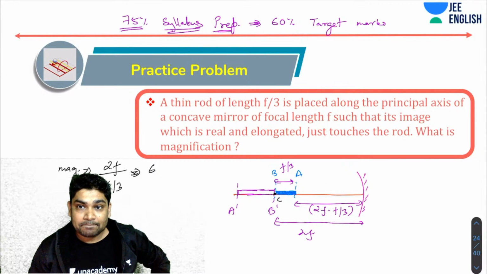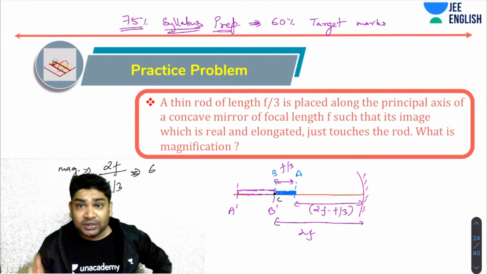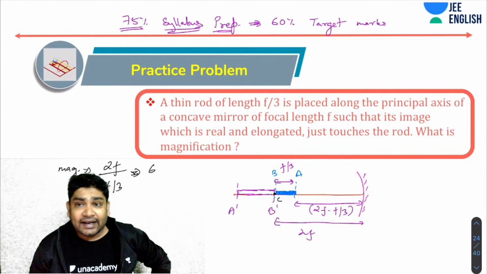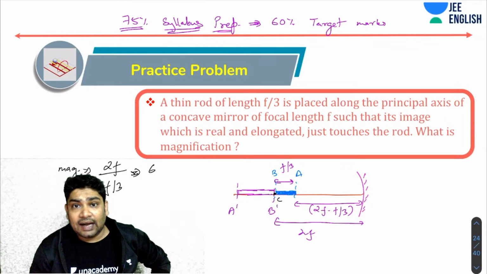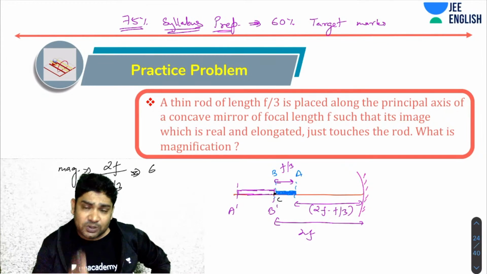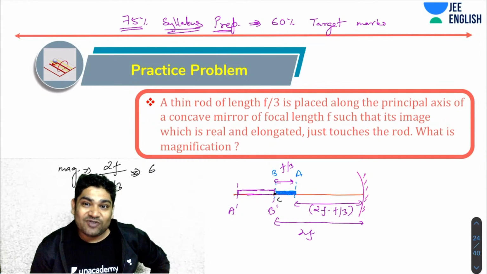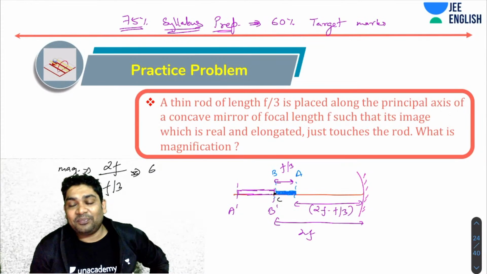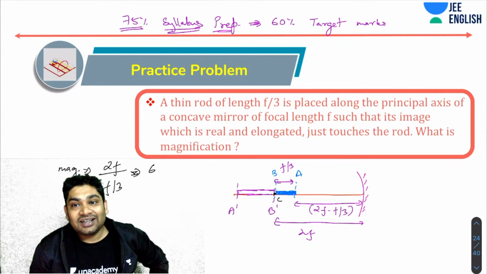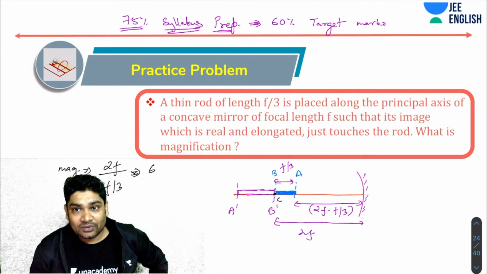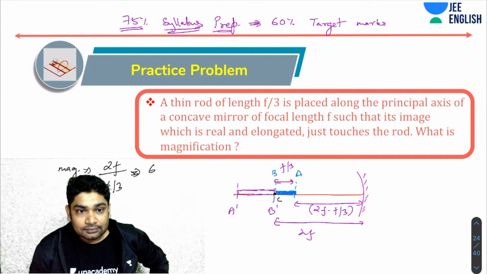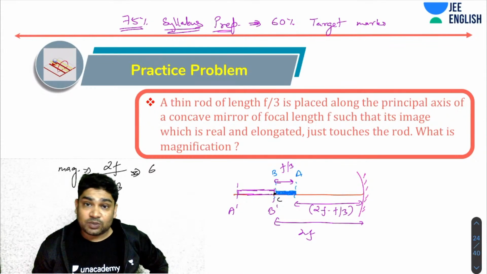Okay, I hope you can realize that from the given data, whatever data has been given to you, from that I can conclude that end B of the rod must be at C. If end B was at C, then I can find the position corresponding to A. Once I do that, then I can find the position corresponding to A dash.